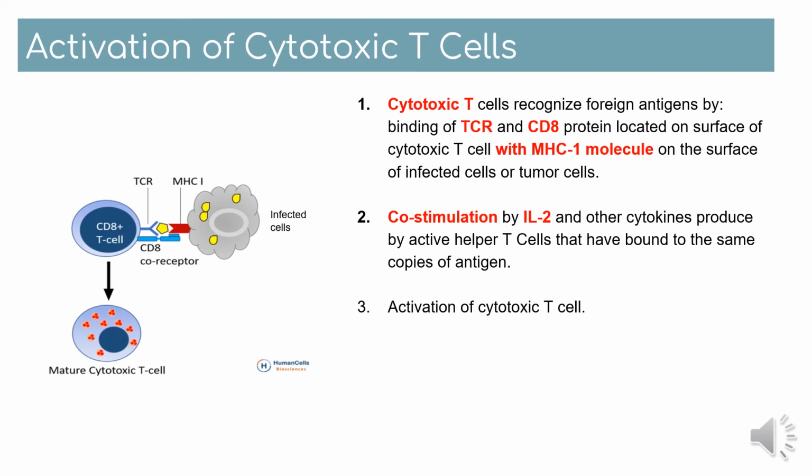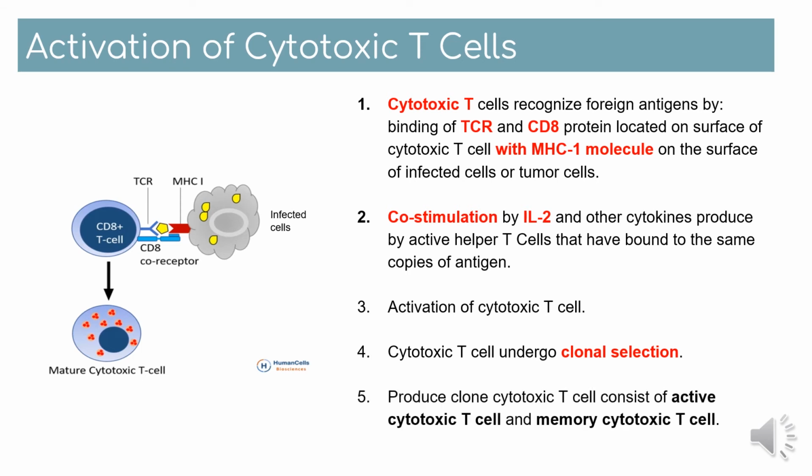After the activation of cytotoxic T cells, cytotoxic T cells will undergo clonal selection, which produces more clones of cytotoxic T cells, consisting of active cytotoxic T cells and memory cytotoxic T cells.